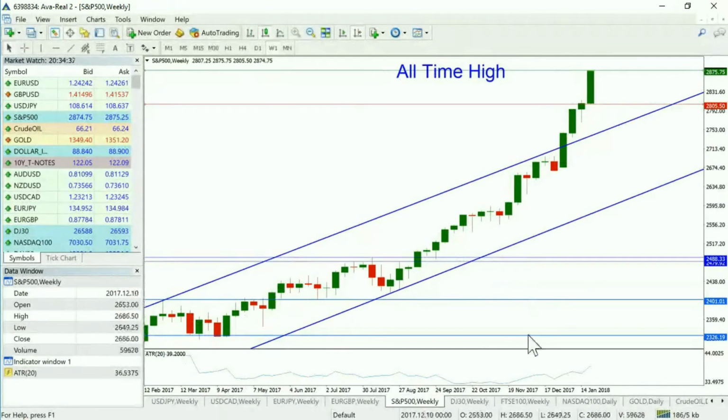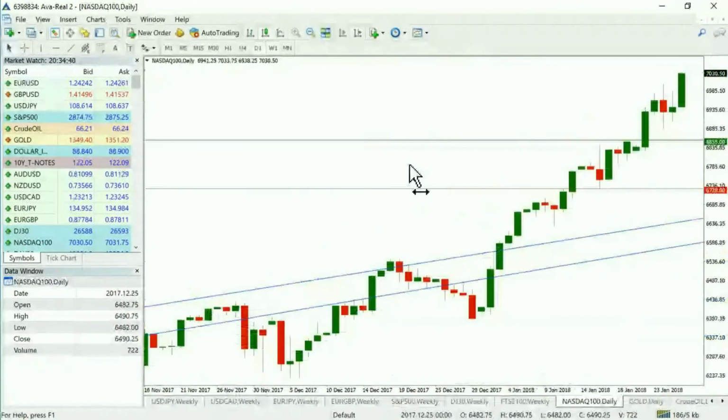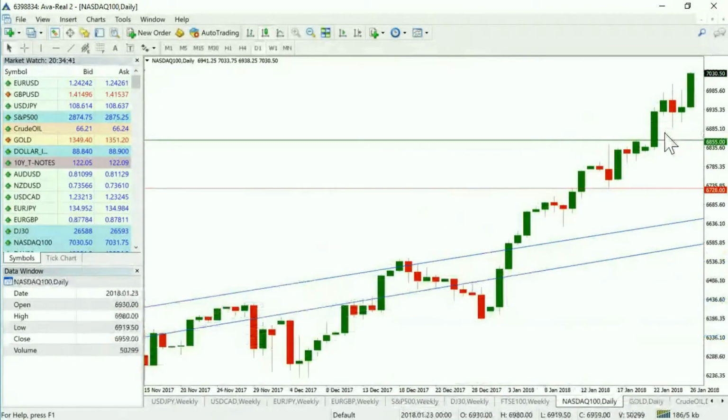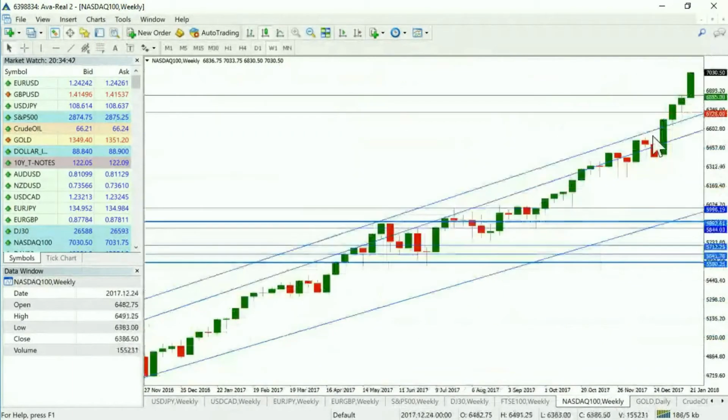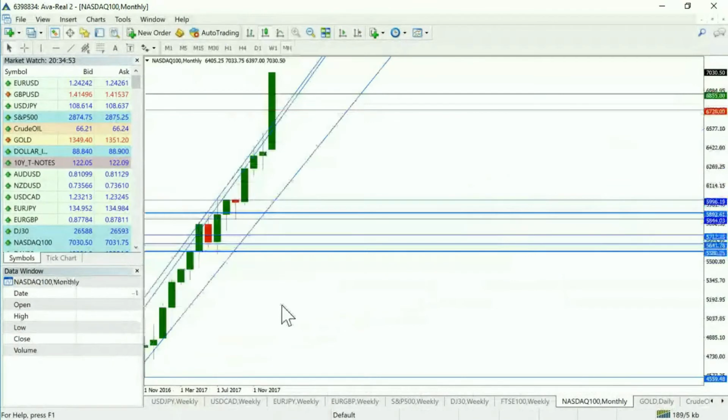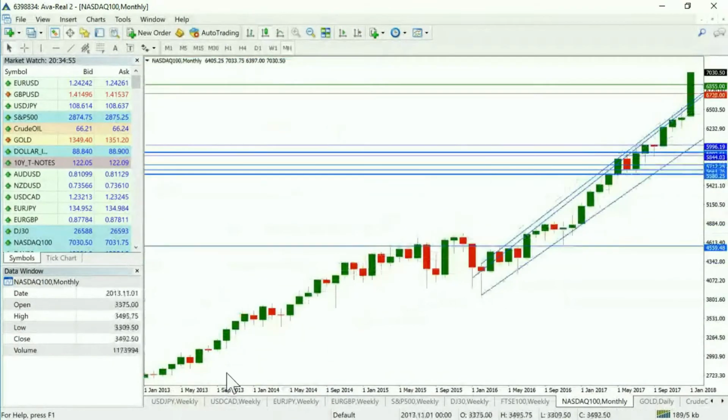So finishing off the global indices, you can see very, very bullish. Look at that on a weekly time frame, and again, a considered break above the channel. In these markets on the monthly time frame, nothing but major bull market.